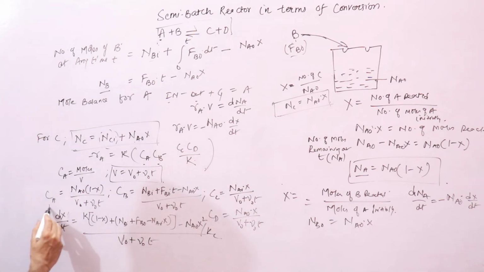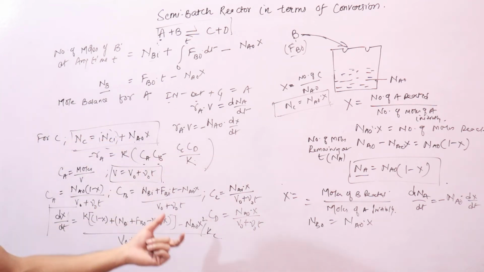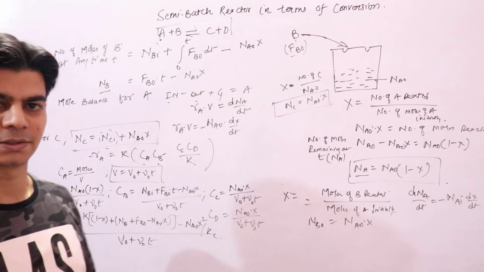So this is the equation of the semi-batch reactor in terms of conversion X.